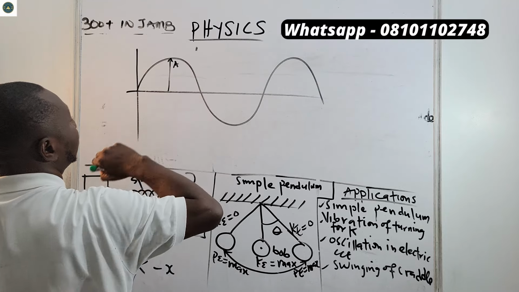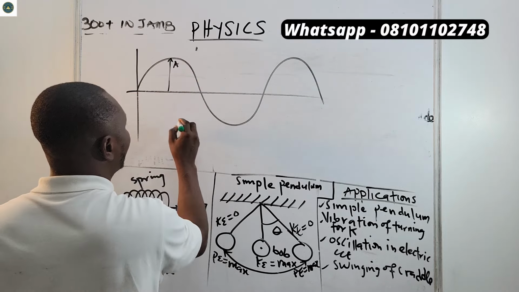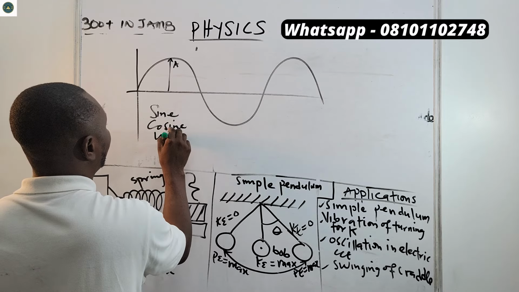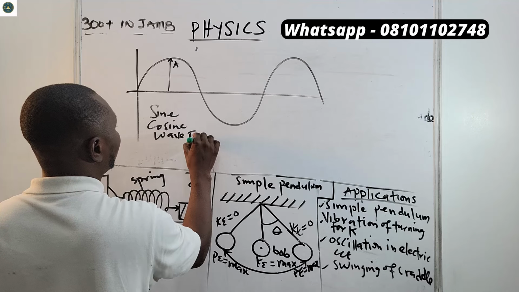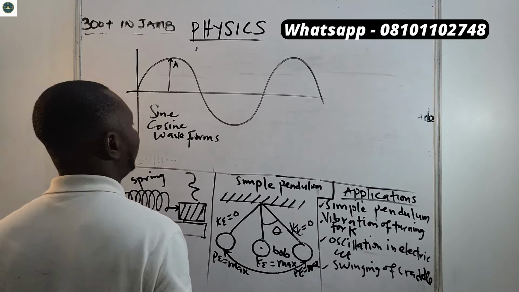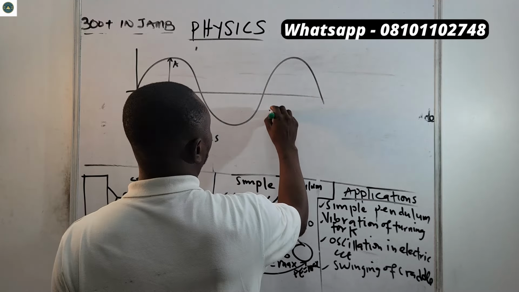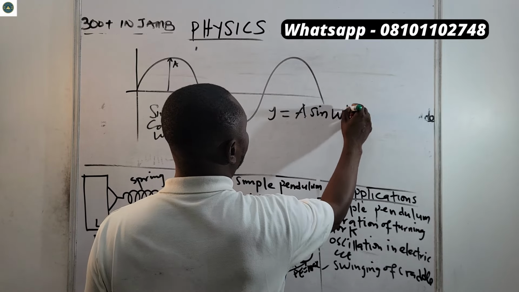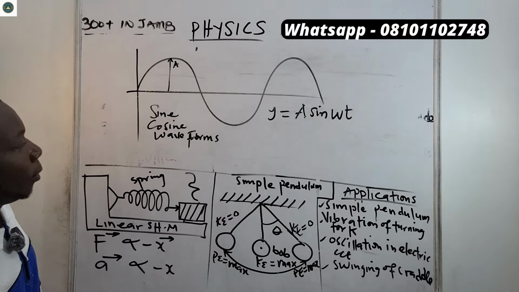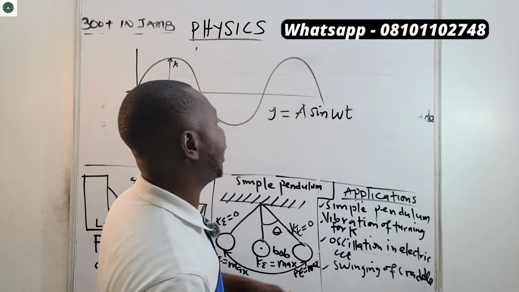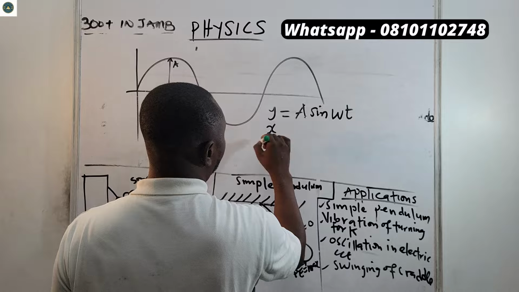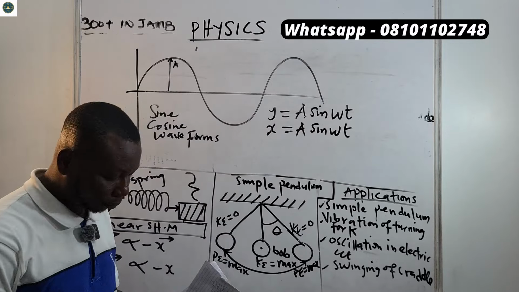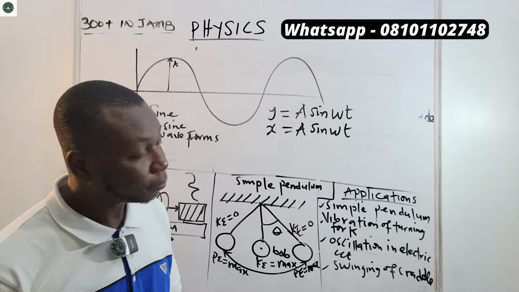You have a sinusoidal wave, sine or cosine waveforms, whereby you have y equals the displacement, which is A sine omega t, or your x is also A sine omega t. Okay?